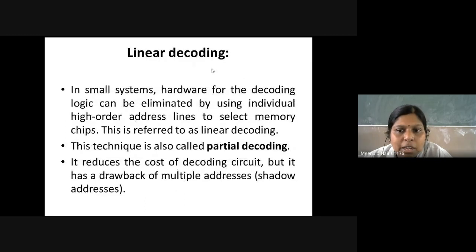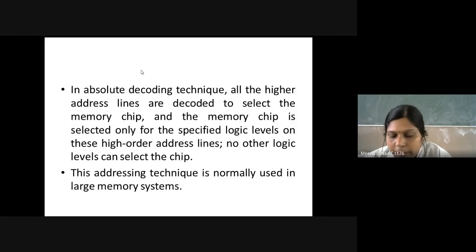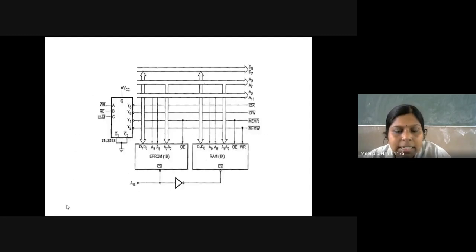Next one is linear decoding or partial decoding. Here, this block will be the same for full and partial decoding, but you are not using any other decoder circuit, because you are using only the A15 address line for chip selection.